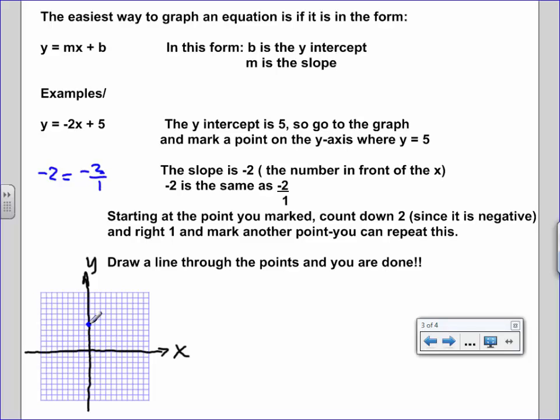So negative means go down and positive means go right. So starting back at our y-intercept of 5, we count down 2, right 1. And I'll repeat that again, down 2, right 1. And just draw a line through those points. And you have graphed the line y equals -2x plus 5.